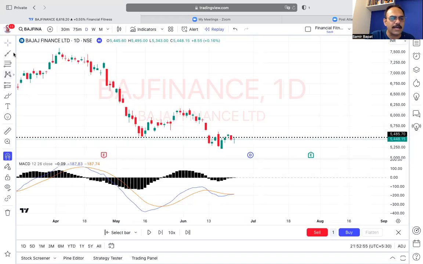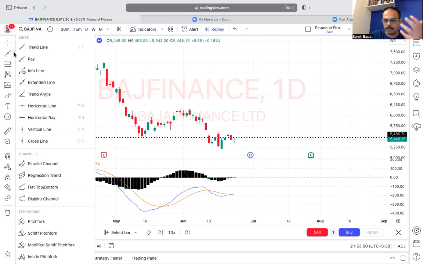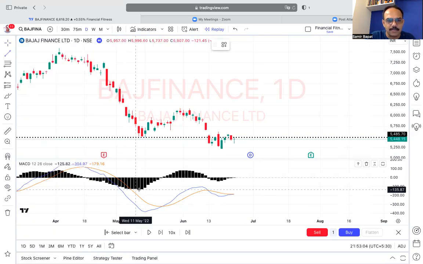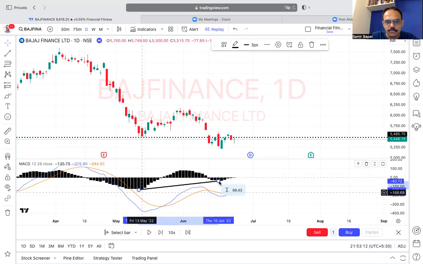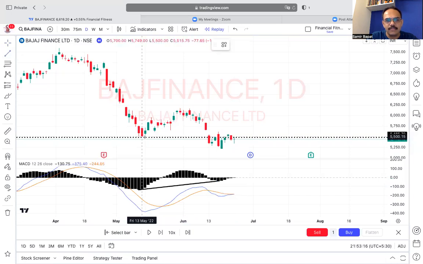If you want to mark it with a line, like in other indicators also, this divergence comes. See, the histogram is going upwards. If I join the two points with a line, but the price has gone down, so there is a divergence.